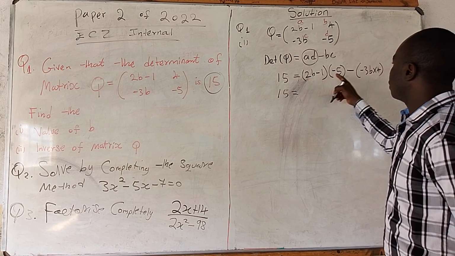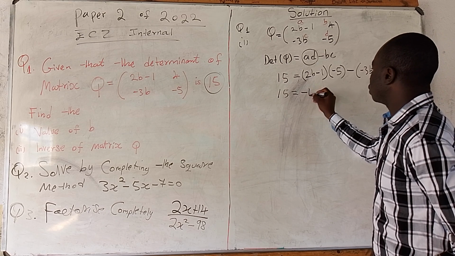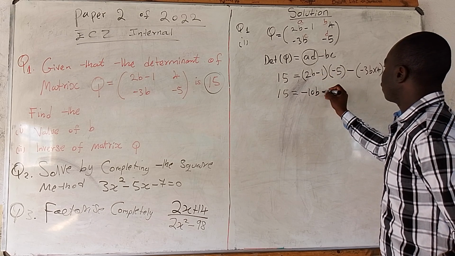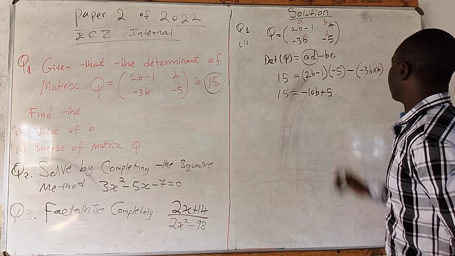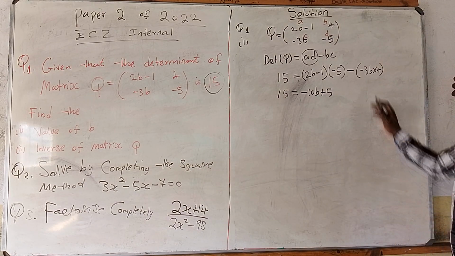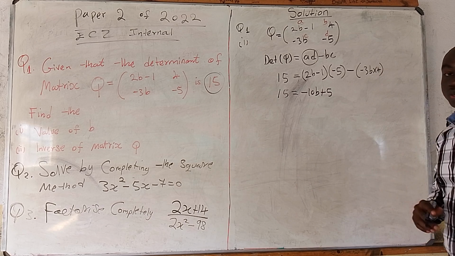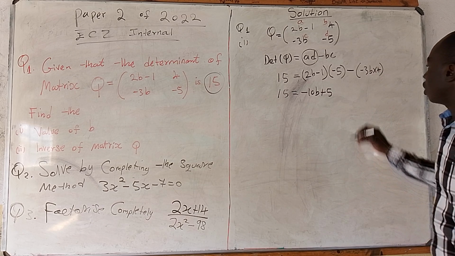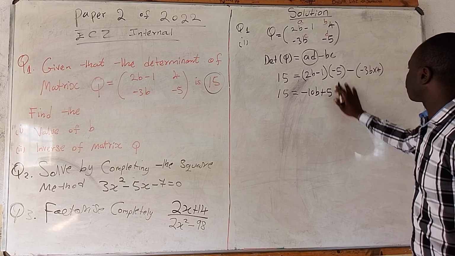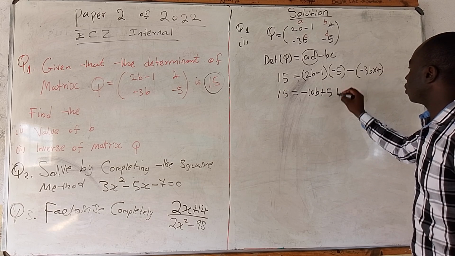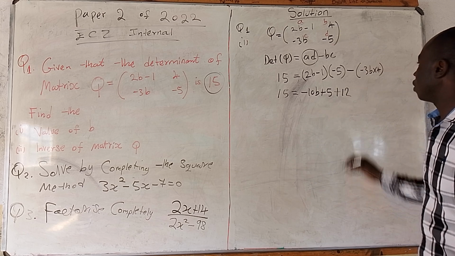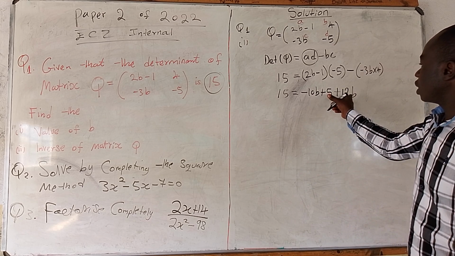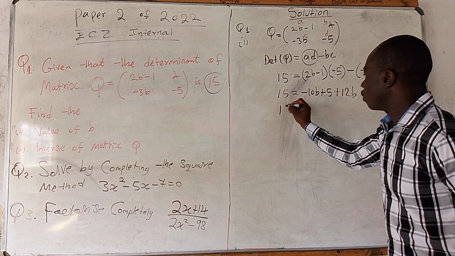So we are going to have 15. You multiply 2b by negative 5, that will give you negative 10b. Negative 1 multiplied by negative 5 will give you positive 5. When you count this part, negative 3b times 4 will give you negative 12b, and negative 12b times negative 1 will give you positive 12b. So when you look at the like terms there, you're going to have 5.